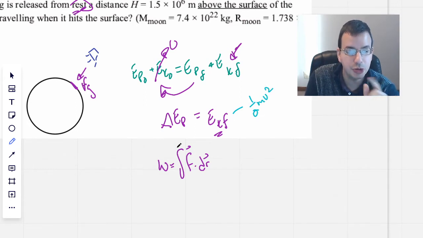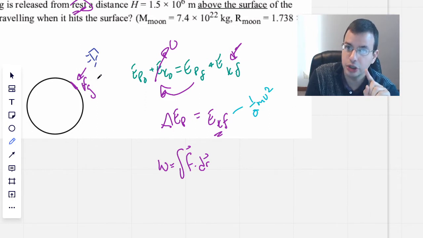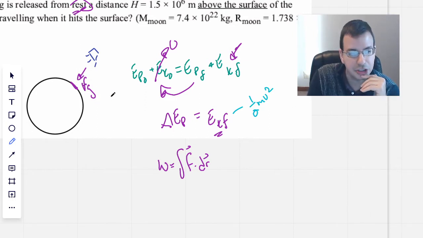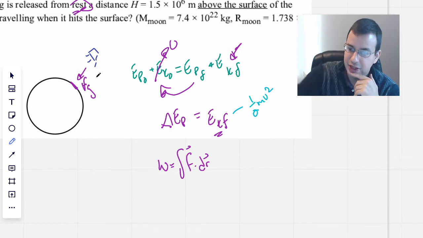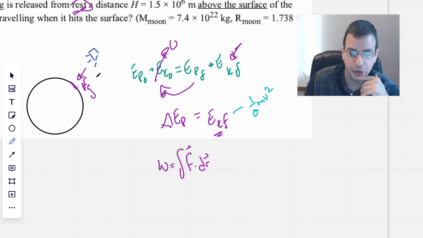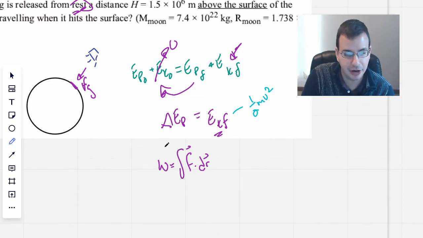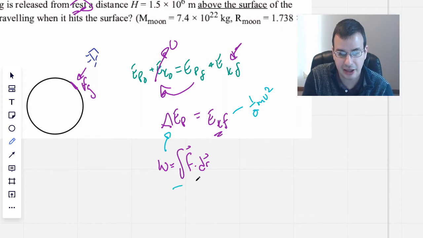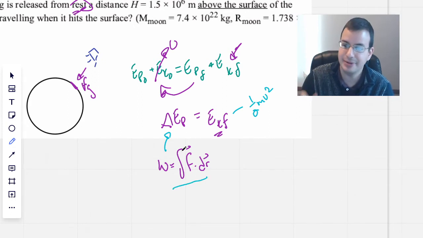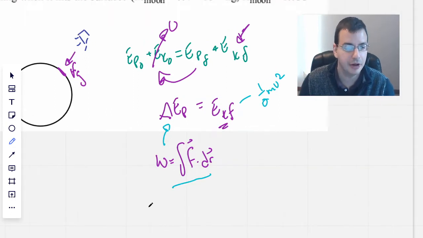So what we want to do is find out how much energy is created, so to speak, from this force of gravity from the satellite moving towards the moon. We're going to set up the equation like this, and that's going to give us our change in potential energy.